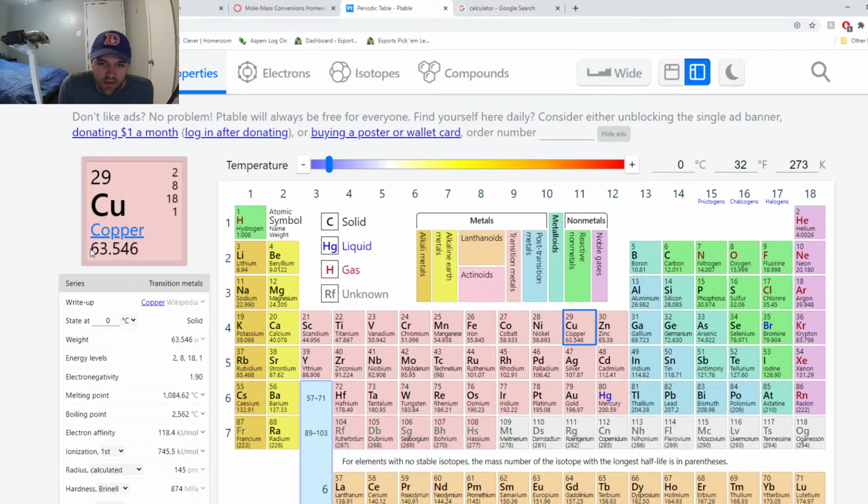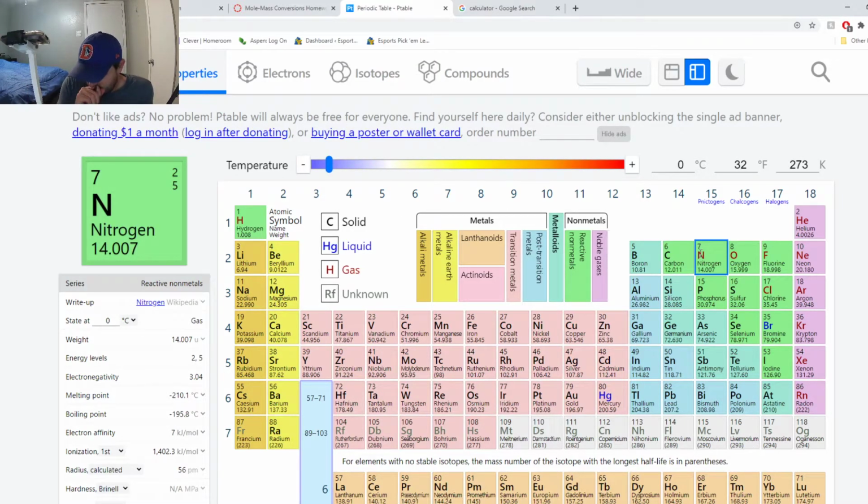So its molar mass is 63.546. So we're going to call that 64, which is the nearest whole number. Okay. Carbon is 12.011. So that'll just be 12. And then nitrogen is right next to it. And it is 14.